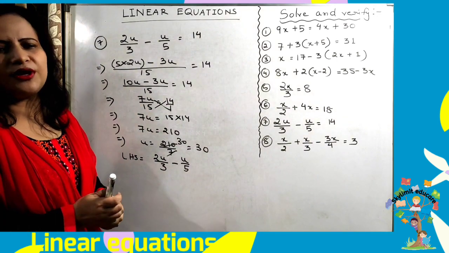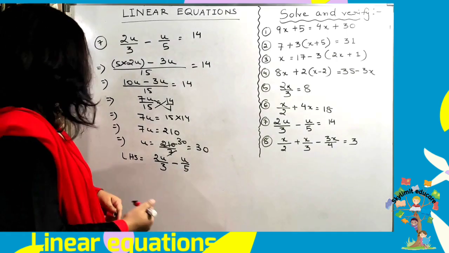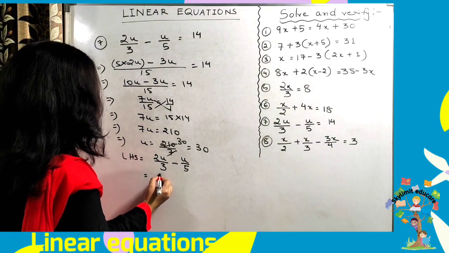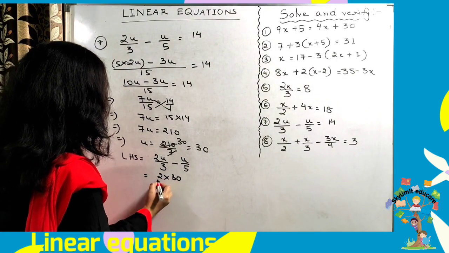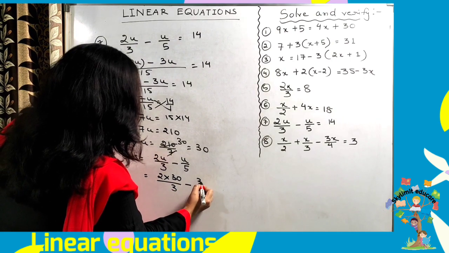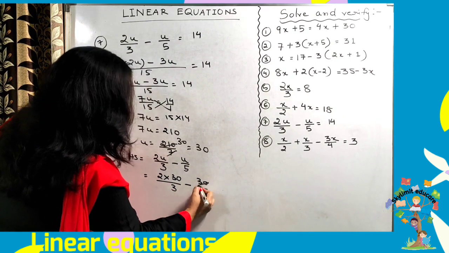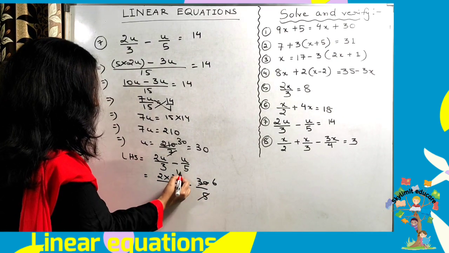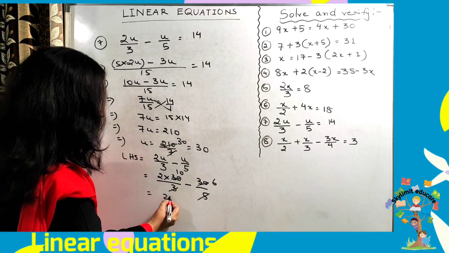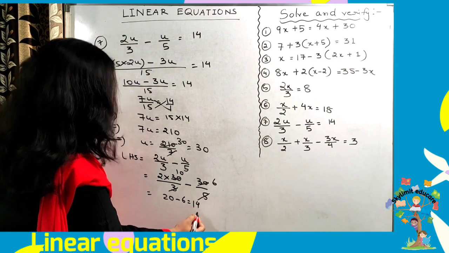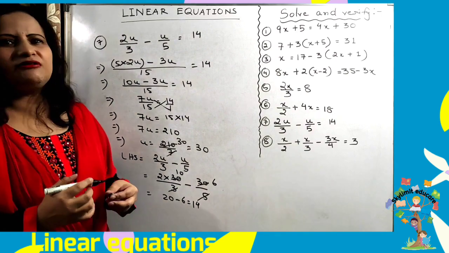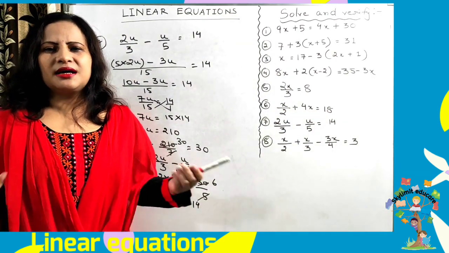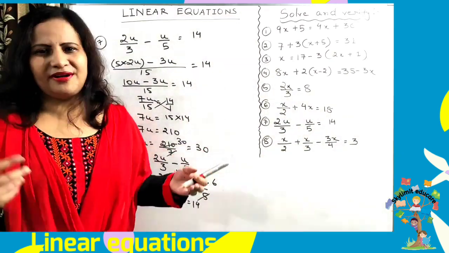Whatever method you feel comfortable with. Okay. So now 2 multiplied by 30 by 3 minus 30 by 5. We can cancel this, we can cancel this. So we got 20 minus 6, that is equal to 14. And the right hand side is already given as 14. So that proves that our equation is verified.